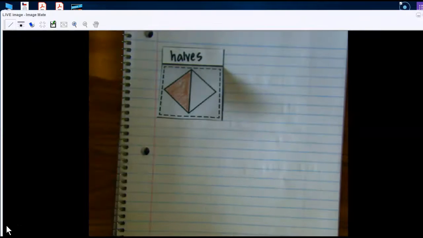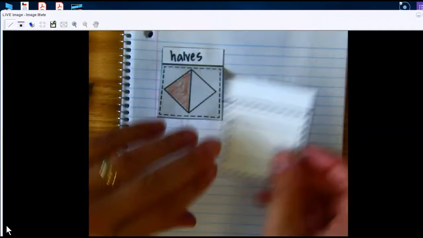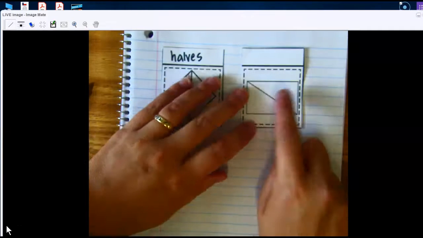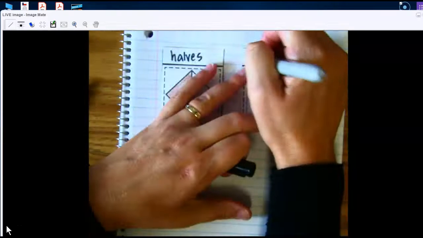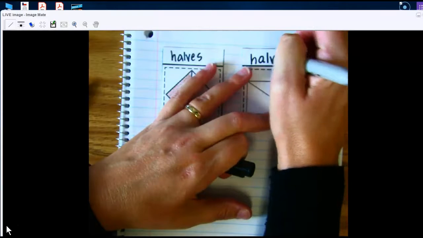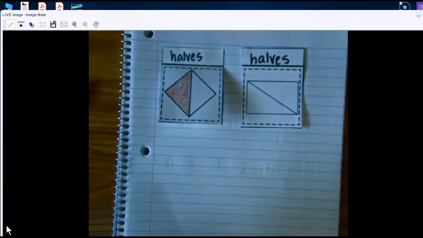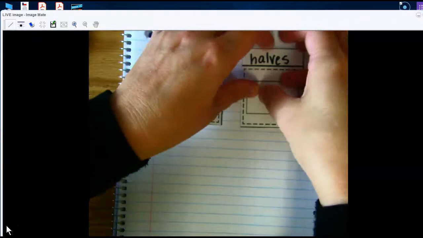Okay, now we're going to do another half. Look at this one. It's also got 2 parts. So find that one and write halves on that one too. And then glue it down.